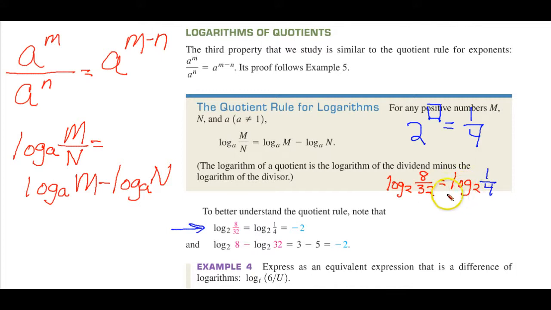Now I want to put this into an exponential form. My base is 2. I'm looking for an exponent up here that will equal this 1/4. So what exponent back from section 1 do I put here? Think about it for a moment.